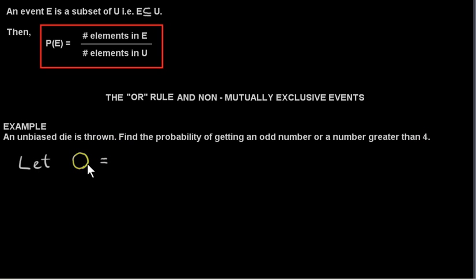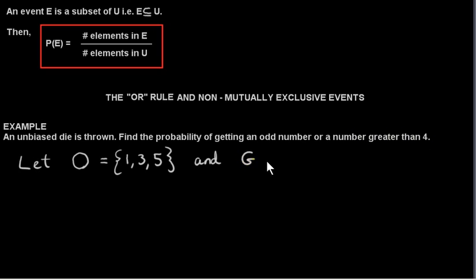So I will let capital O stand for the event of getting an odd number. To get an odd number, we need to get one of the outcomes 1, 3, or 5. I will let capital G stand for the event of getting a number greater than 4.